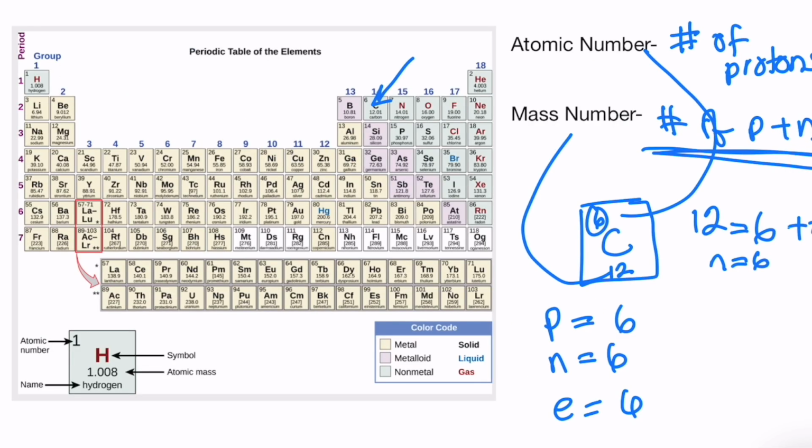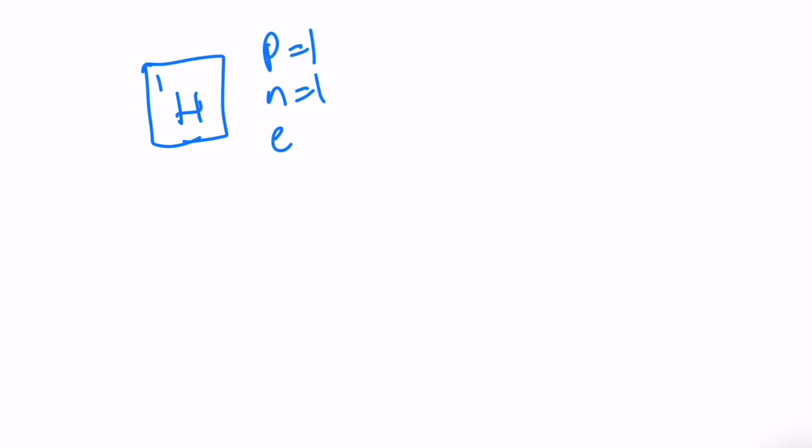If you go to hydrogen, which is right here, you can notice the atomic number is 1, which means it has 1 proton. And helium is here. Helium has 2 protons. Hydrogen has 1 proton, 1 neutron, and 1 electron.